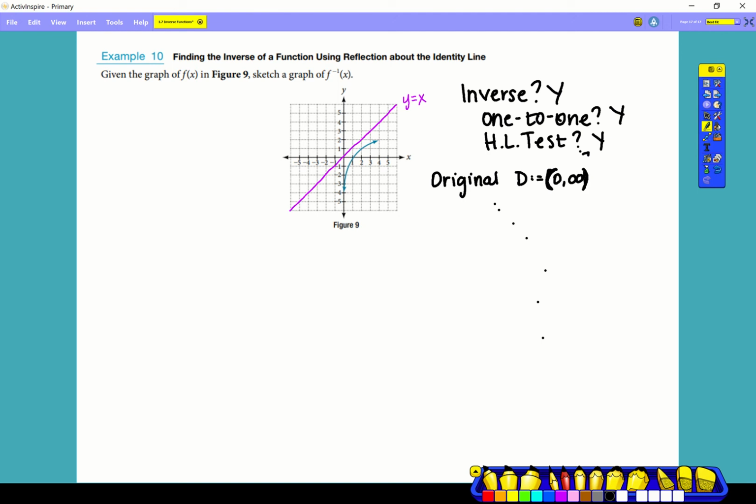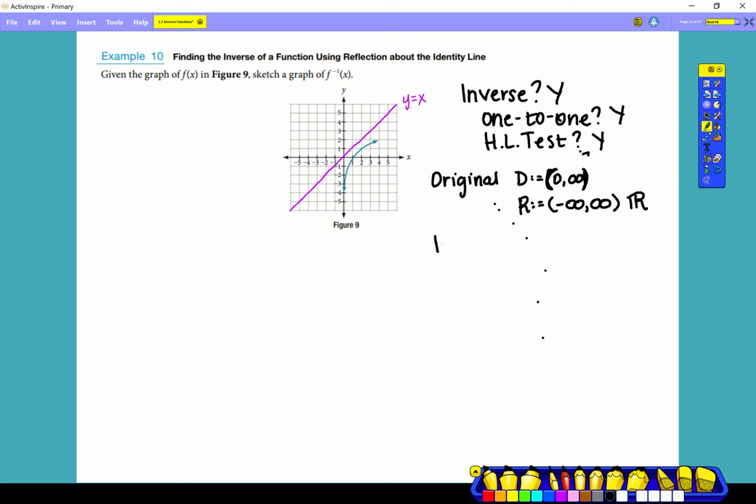It looks like that's going to just shoot off, but not really ever touch 0. The range is equal to all of my y values. So that looks like positive infinity to negative infinity. So the whole lot, R, is what we would call that, all real numbers.